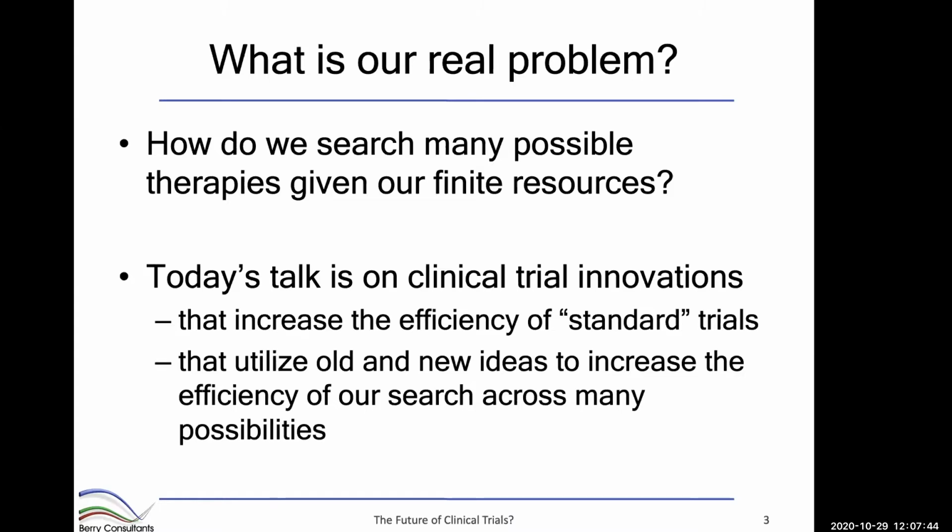I'm in the situation where I'm investigating COVID and there's literally dozens of possible treatments, and I need to explore all of them and find what works and what doesn't. So I'm talking about ways to make use of this broader problem, ways to increase the efficiency of standard trials, and these are going to combine a lot of old and new ideas.